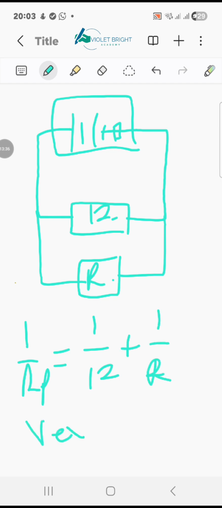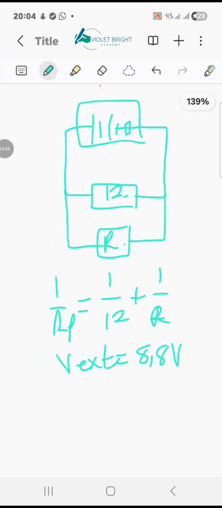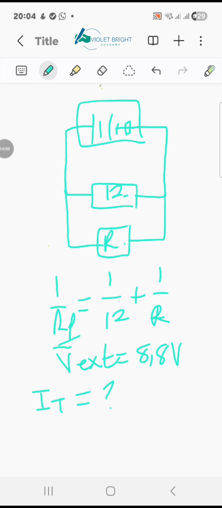We have the external voltage now. We know it's 8.8 volts. But do we know the external current? No, we do not know the total current here. So first of all, we have to find the total current first so that we'll be able to find the resistor.